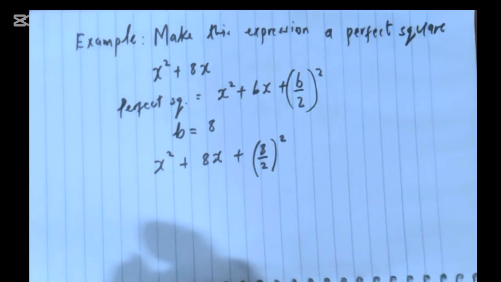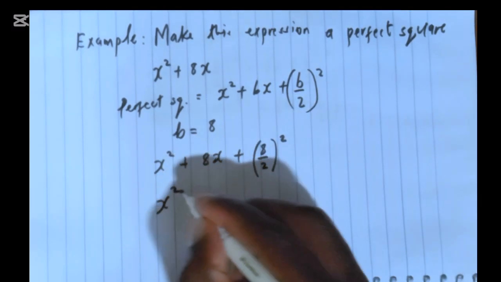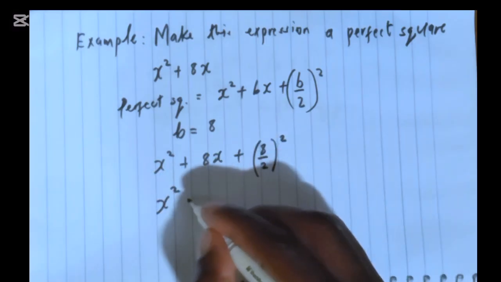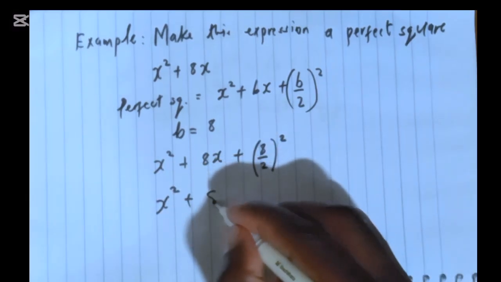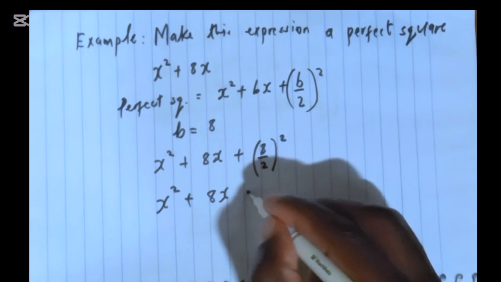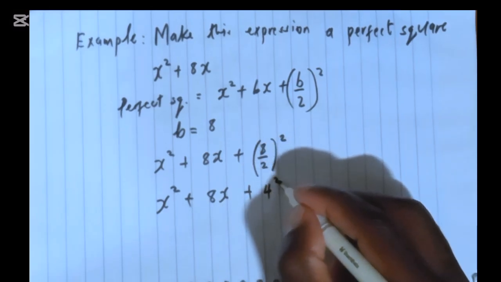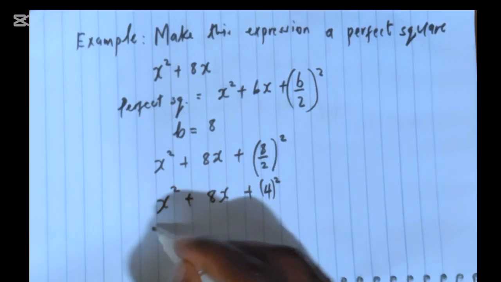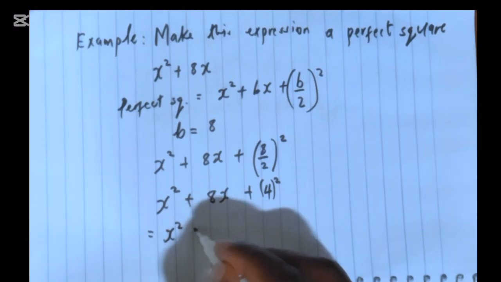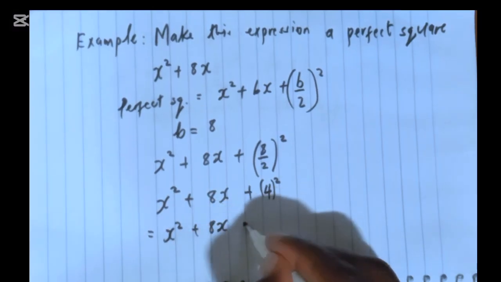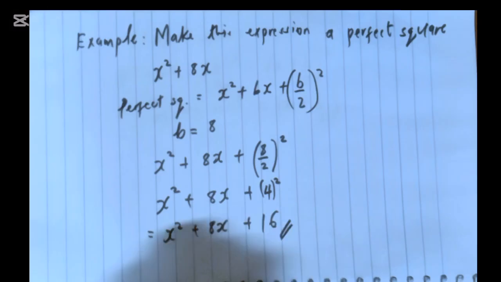So this will simplify to x squared plus 8x plus (8 divided by 2 equals 4) squared, and so the final answer will be x squared plus 8x plus 16. That will be our final answer.